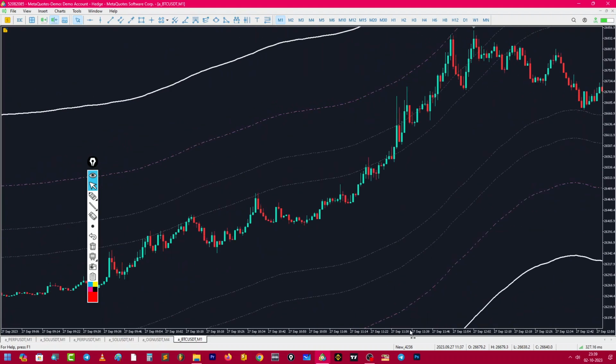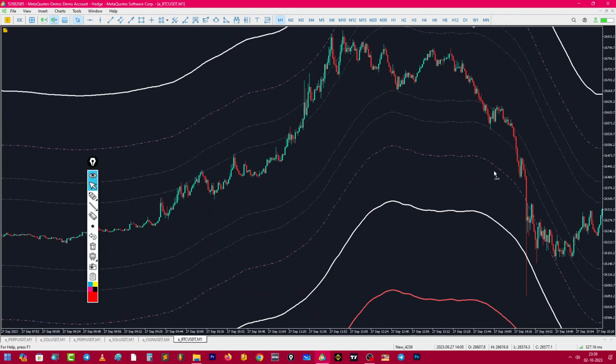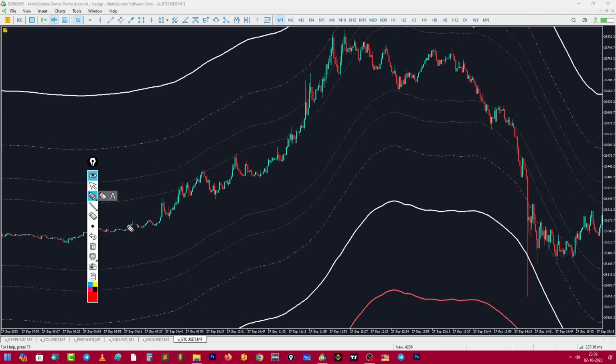So now let's discuss the cycles. Cycles are something like internal zones. Okay, these are internal zones, and here we usually do scalping. But when you see a bigger trend reversal like this, it actually happens when price touches external levels. So what are the external levels?